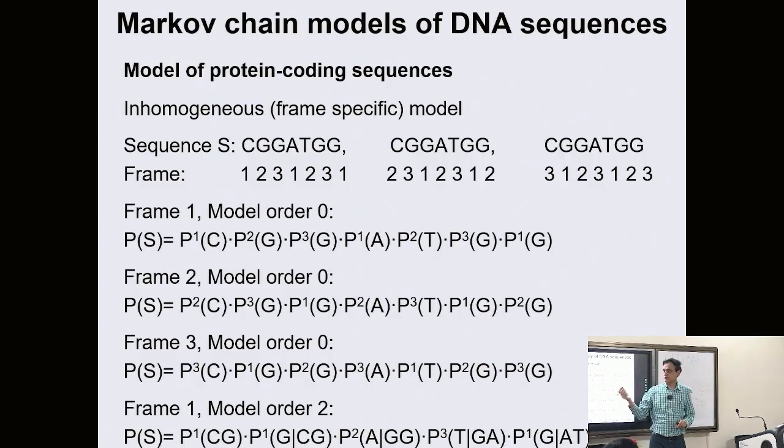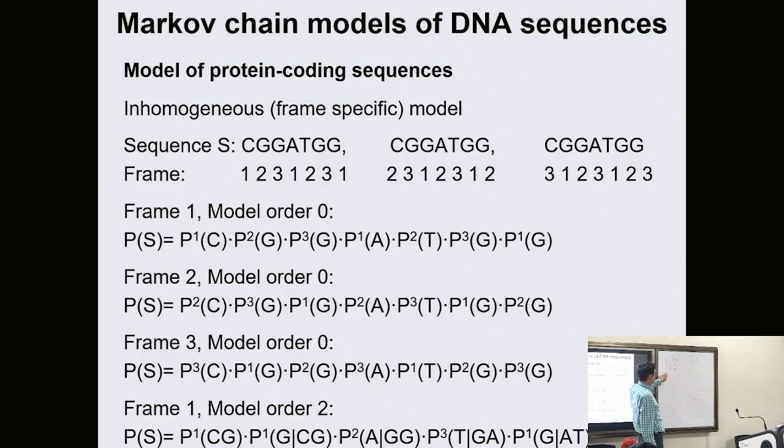So CGG is 1, 2, 3. There are 3 positions for this oligonucleotide, so I will say that the reference position for this oligonucleotide is the position of the first nucleotide.